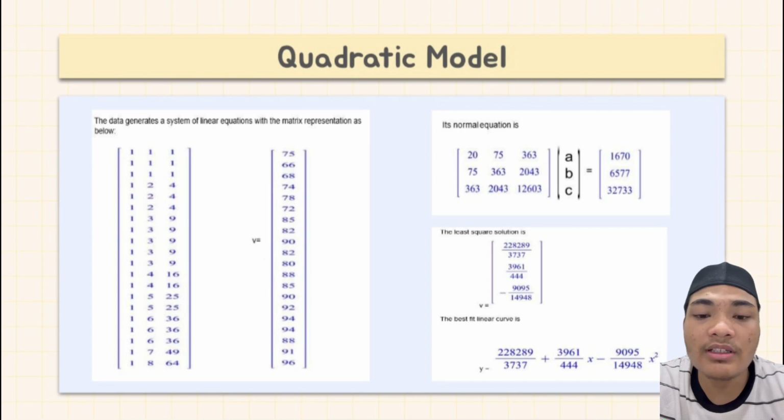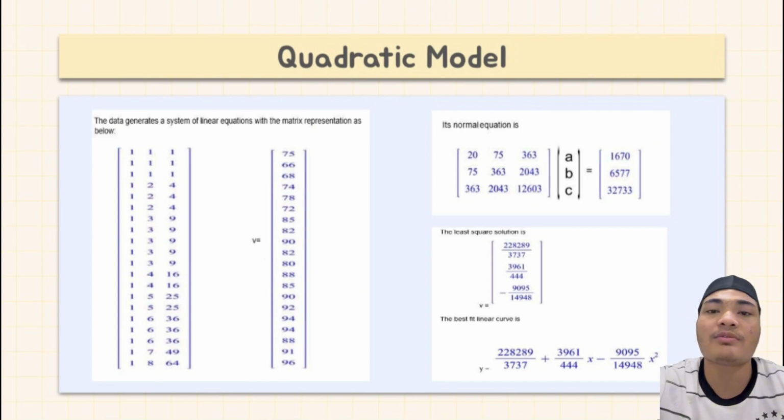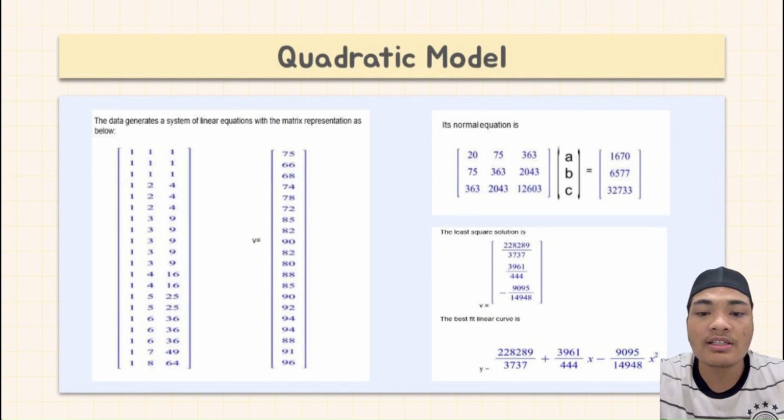For the quadratic model, we have been given the data that generates a system of linear equations with the matrix representation as below. From the M, we can see that column 1 is variable 1, column 2 is x, and column 3 is x squared.